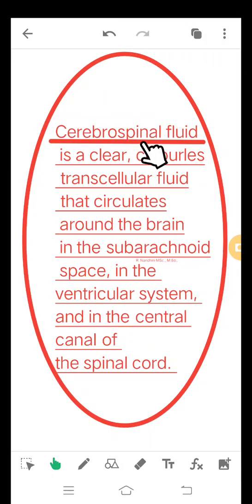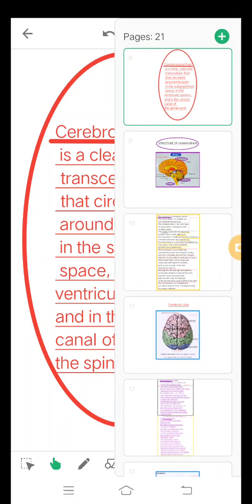See, this is the cerebrospinal fluid. It is a clear, colorless, transcellular fluid that circulates around the brain in the subarachnoid space. It is located in the subarachnoid space, in the ventricular system, and in the central canal of the spinal cord.